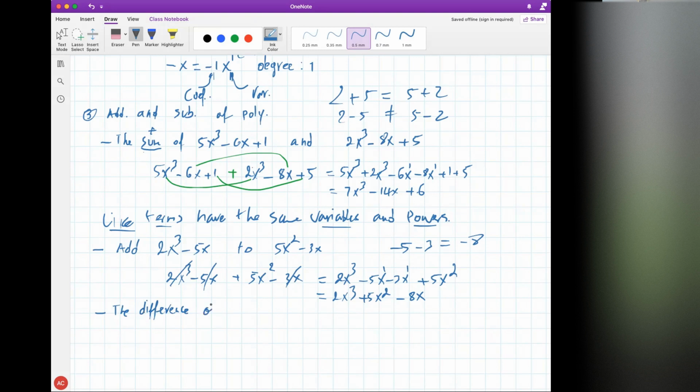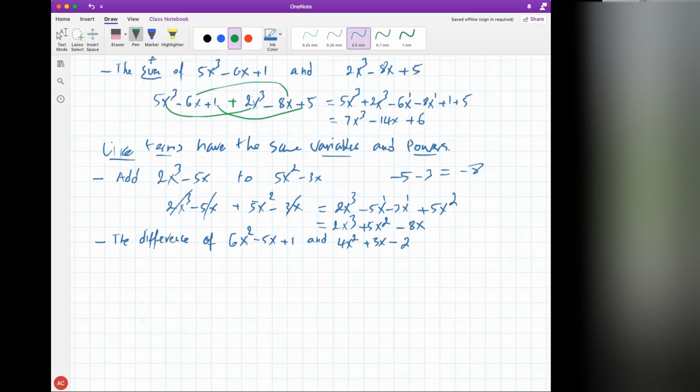So the difference of, let's say, some polynomial, and some other polynomial, let's say maybe 4x to the second plus 3x minus maybe 2.